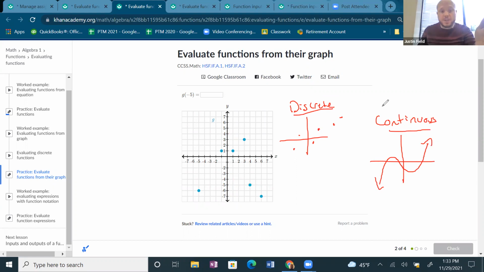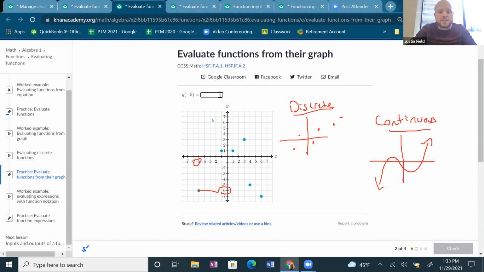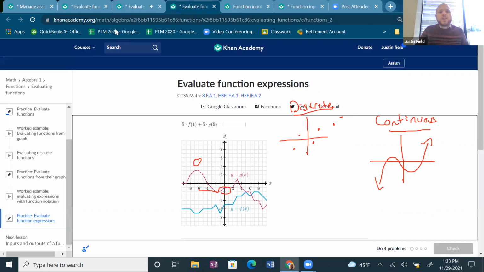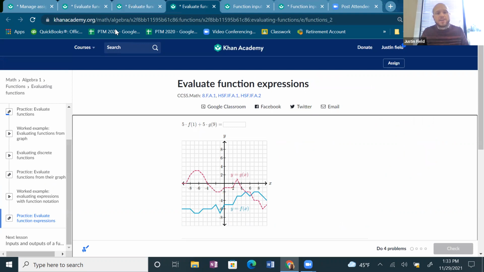So on this discrete function, when the input is -5, there's -5. What is the output? Well, let's go find the function value there. And the input of -5 gives an output of -6. All right, so nothing too complicated once you understand what they're asking.